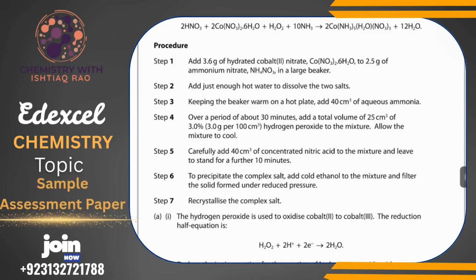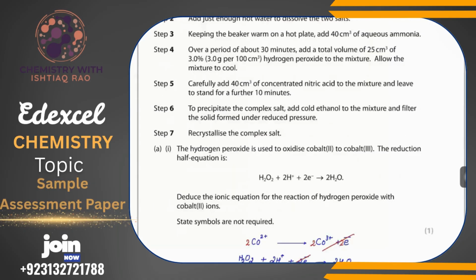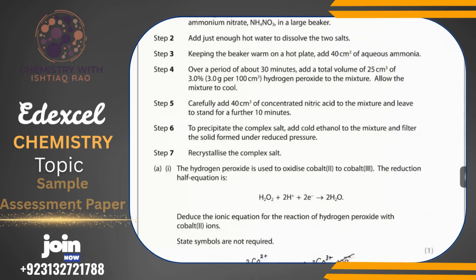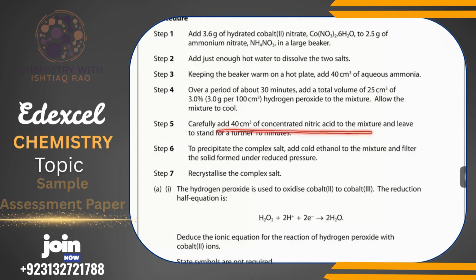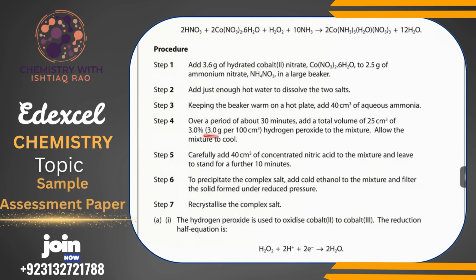Yep, 25 cm cube of 3% hydrogen peroxide, 3 gram per 100 centimeter cube. And what they have given us, carefully add. Okay, so 3 grams per 100 centimeter cube, right?